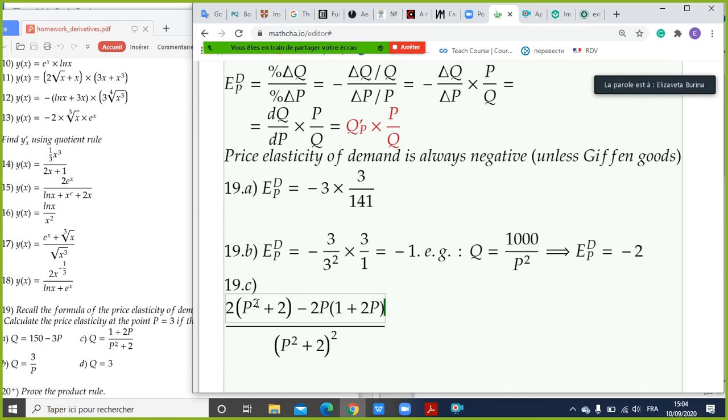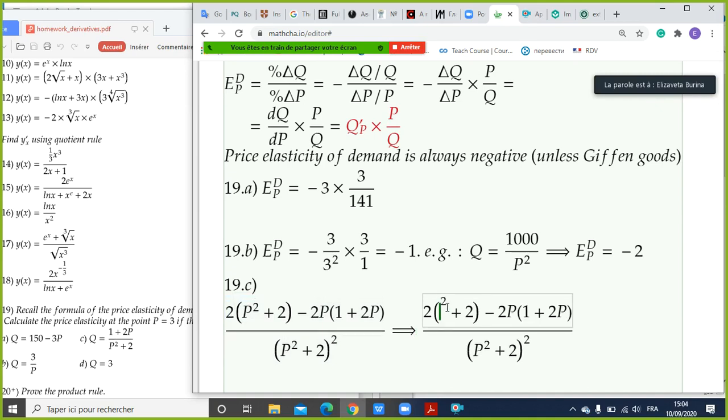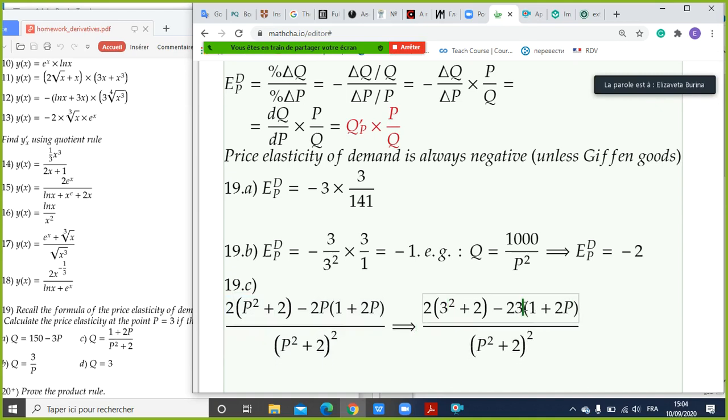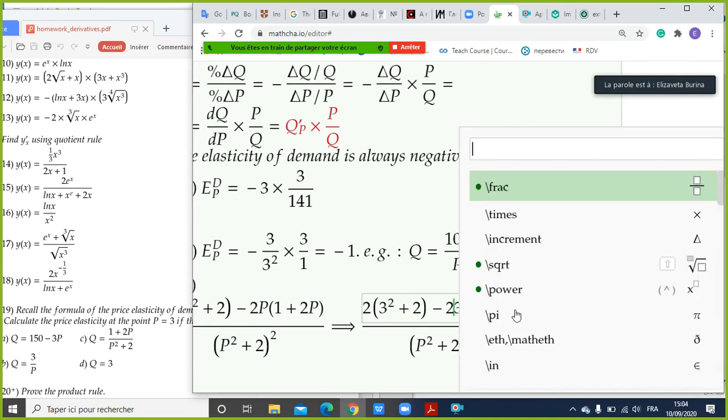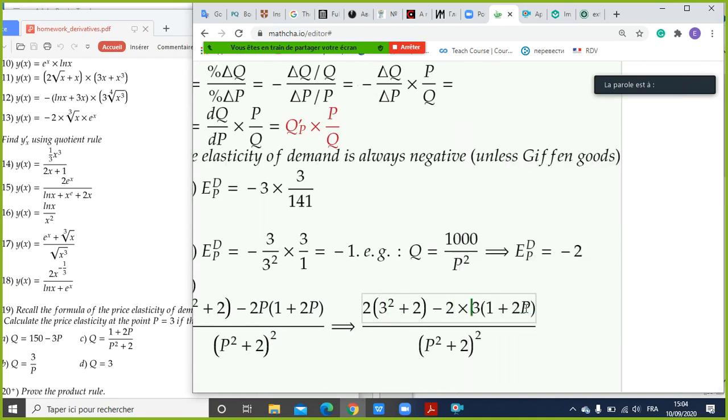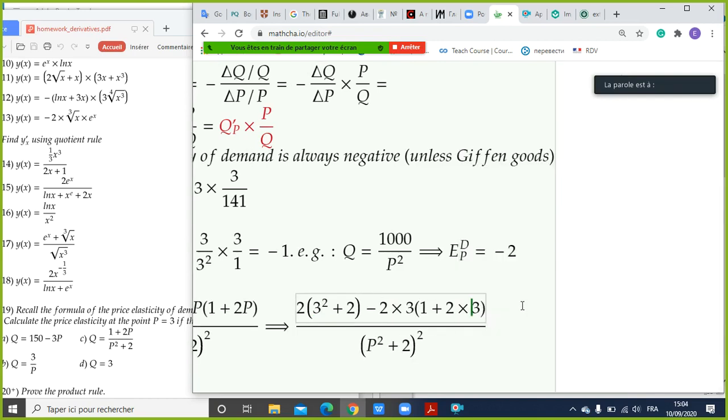Now let's substitute p everywhere with 3, because that's our point. It's a times 3, and here 3 squared.